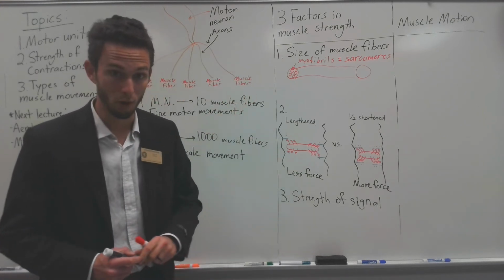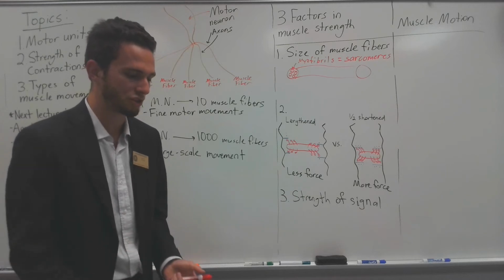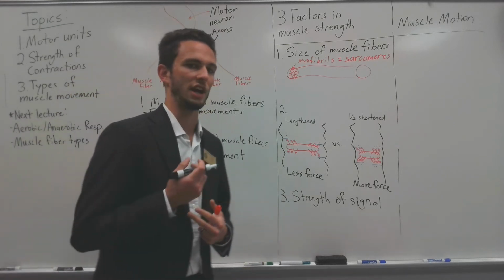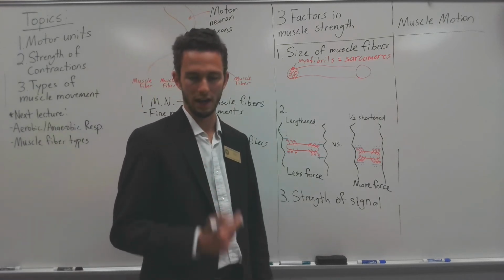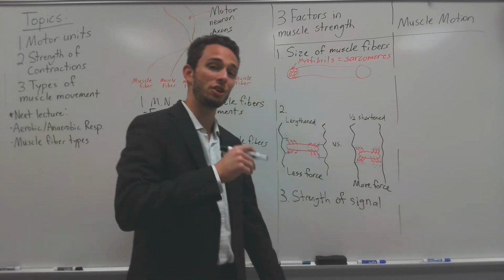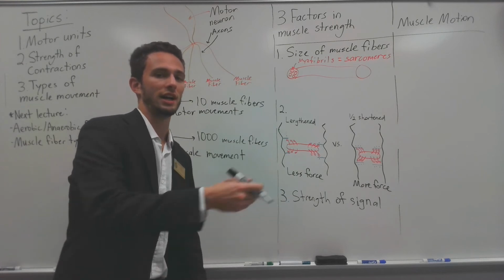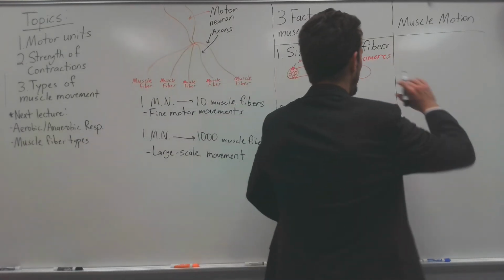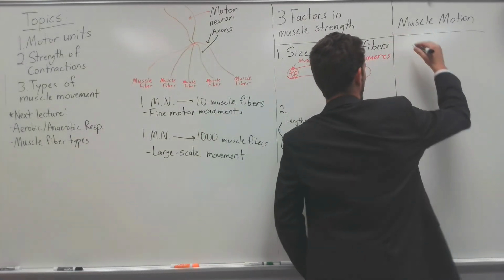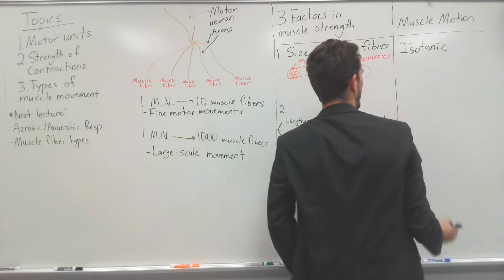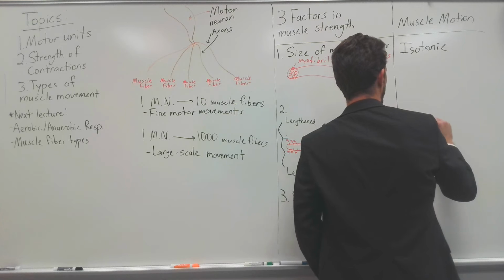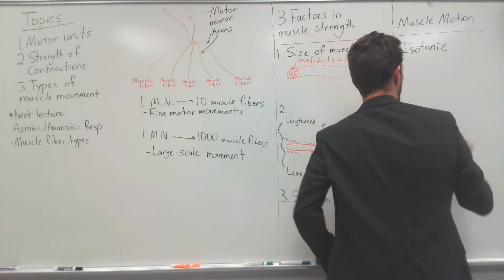Lastly, muscular motion. There are 2 types of muscle, I'm going to say exercises. Okay, so when we go to exercise, we move our muscles. But there are certain movements that are classified differently. So the 2 different classes are called isotonic exercises, and then there's going to be isometric exercises.